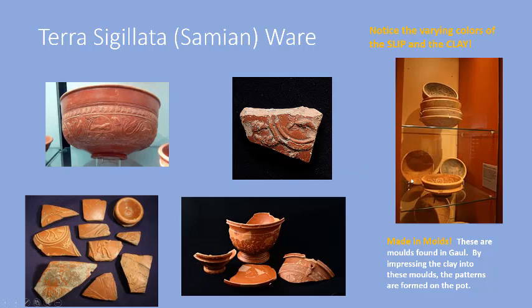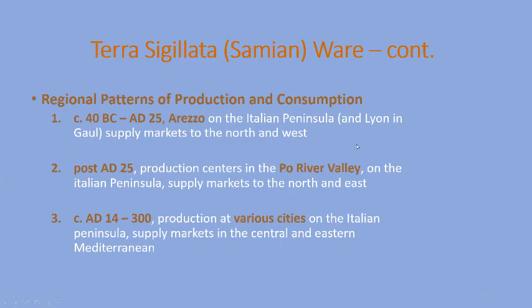They would just smush the clay into the mold, and the design would be there, so that you could manufacture an unlimited quantity of a bowl that looked exactly like this, because you could reuse the mold over and over and over again. It was a quick way to make what appeared to be a fancy pot.